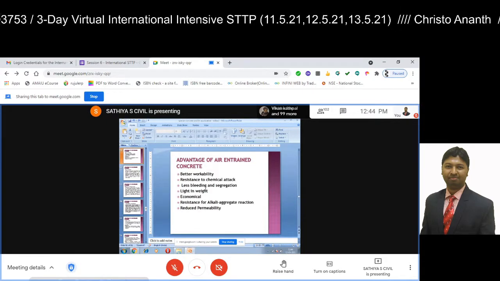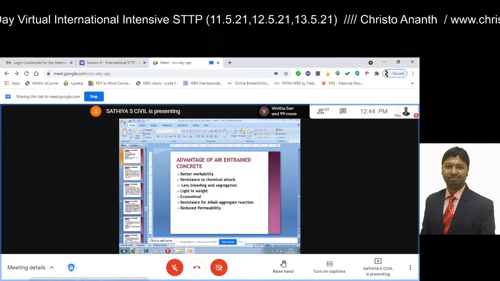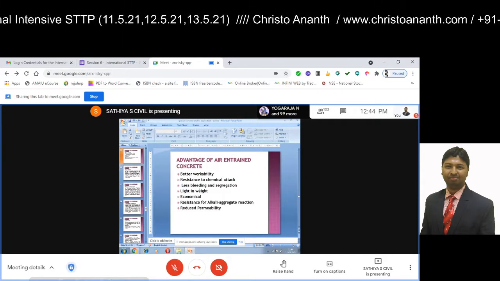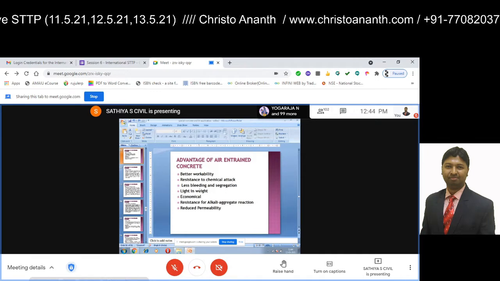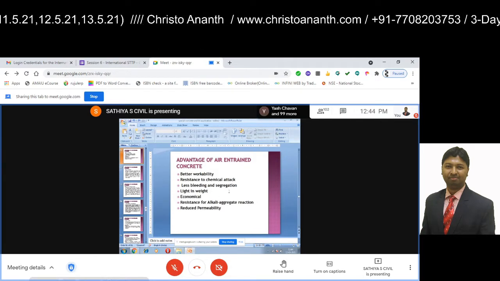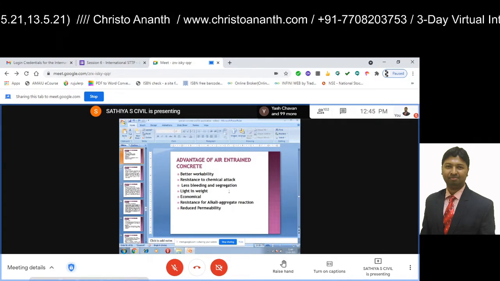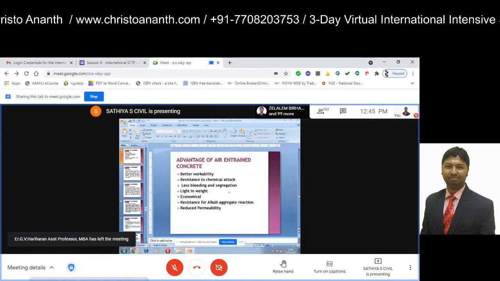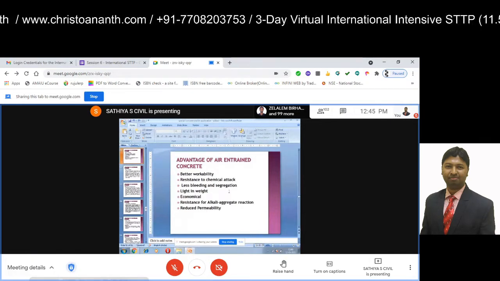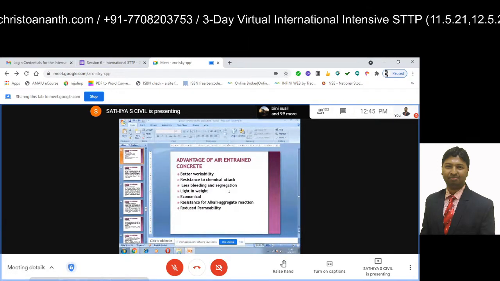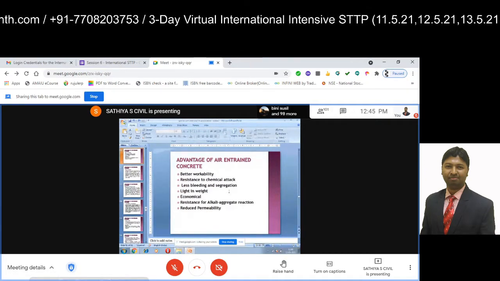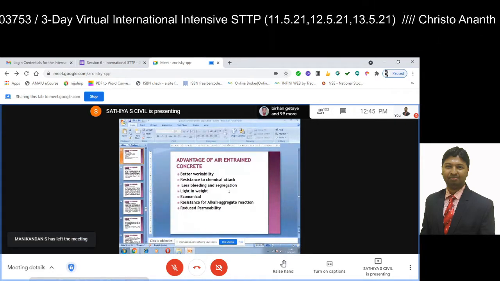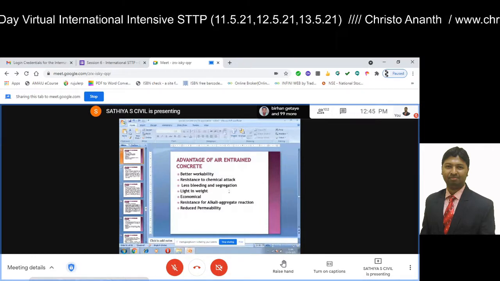So, if we avoid bleeding, the strength of the concrete will be increased, because in bleeding, the cement will bleed. And if we reduce the segregation, we can avoid the honeycombed structures. The honeycombed structure will be formed if there is improper compaction in the column as well as beam structure, that is, in the structural elements.